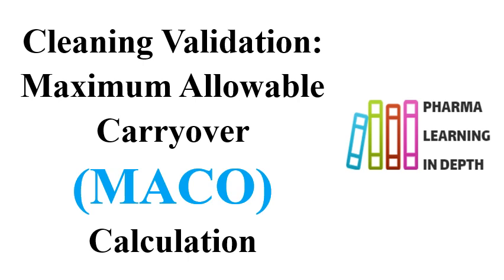So it is not like that in one equipment or in one manufacturing area, only one drug product will be manufactured. So the manufacturing area is used to manufacture many formulations, many drug substances.